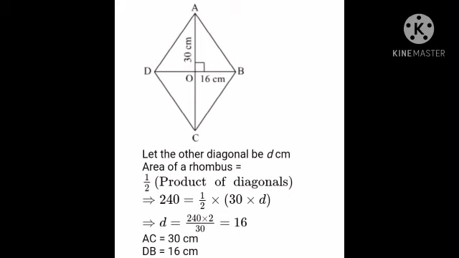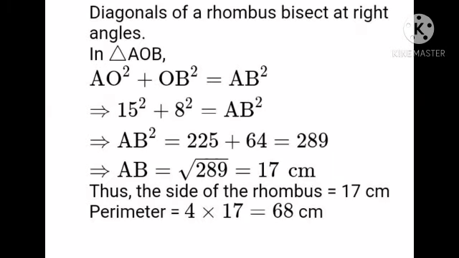So, now you know AC is equal to 30 centimeter and DB is equal to 16. Diagonals of a rhombus bisect at right angles. In triangle AOB, you know Pythagoras theorem, AB square is equal to AO square plus OB square. Therefore, 15 square plus 8 square is equal to AB square.